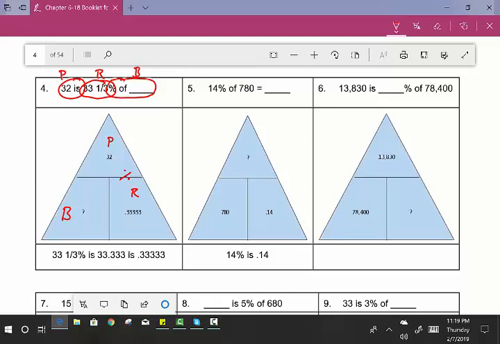Now remember, it's 33 1/3. Right here is the way it would display. If you put 1 divided by 3 on your calculator, it's going to be 0.33333 into infinity. Just round it to the nearest thousandths. So you have 33.333 when you round it to the nearest thousandths.